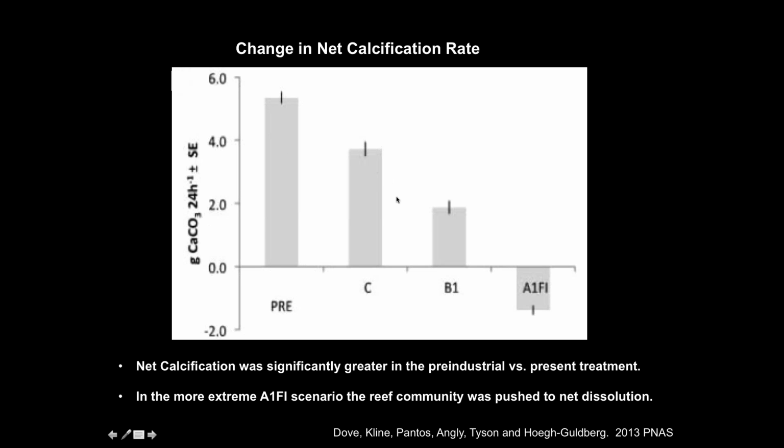We also saw a significant decline between the controls and the middle of the road scenario, but most interestingly, when we went to the business as usual scenario, we saw a switch from net calcification to net dissolution. So we basically created one of those reef ecosystems where there was basically negative net reef calcification.